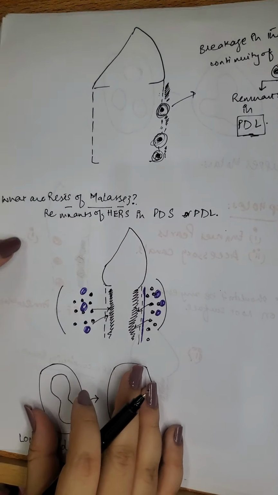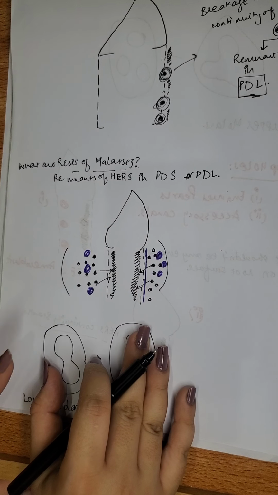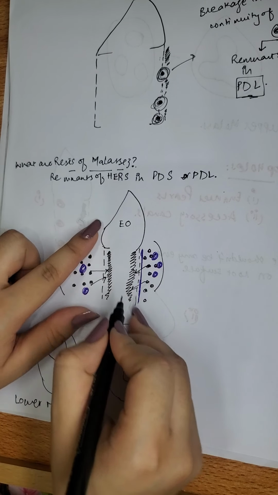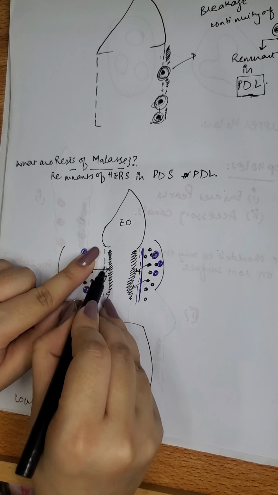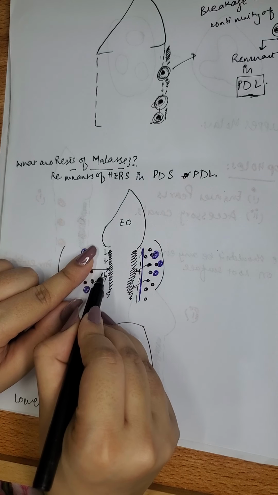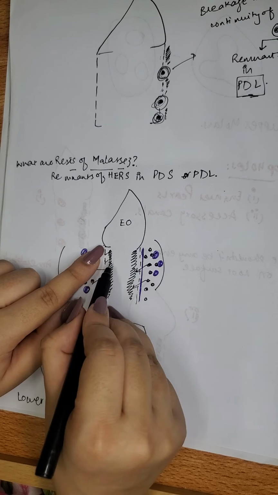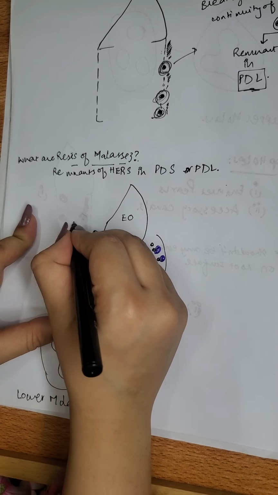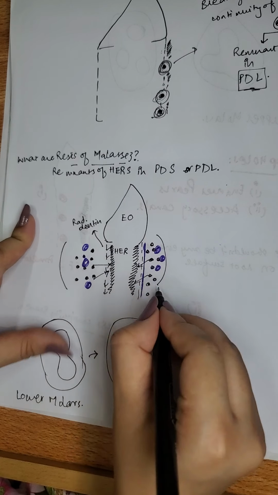Now coming to our point again. Students, as you all know, this was the enamel organ. Now here is the epithelial root sheath. Outside there is the formation of the radicular dentine. These arrows I have drawn, this is the radicular dentine, and inside there was the Hertwig's epithelial root sheath.